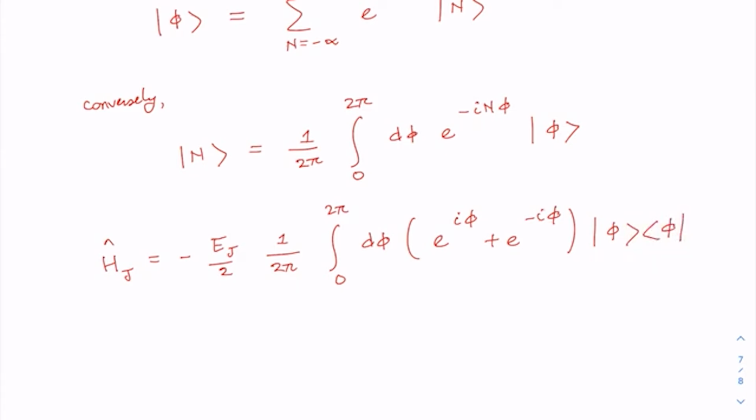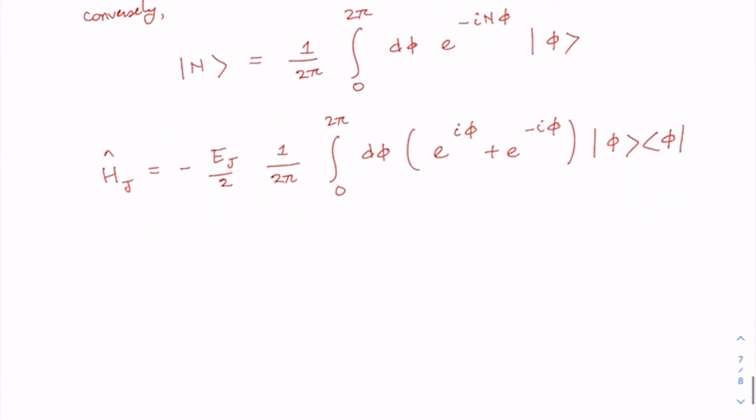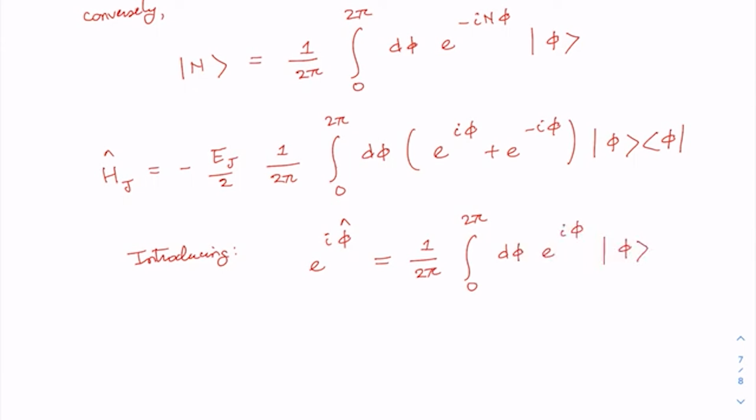So we can introduce a new operator, e to the power i phi cap, equal to 1 by 2 pi integral 0 to 2 pi d phi e to the power i phi ket phi bra phi.